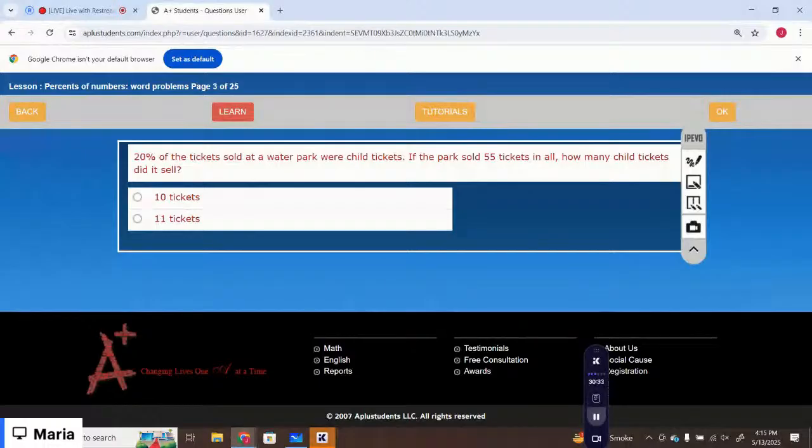20% of the tickets sold at a water park were child tickets. If the park sold 55 tickets in all, how many child tickets did it sell? Which is the correct option?